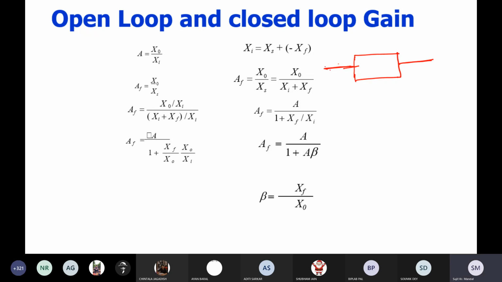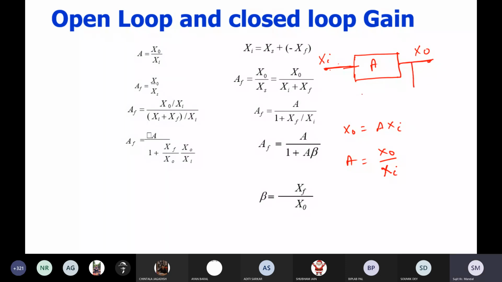Then if you apply a signal, say Xi is the input signal, output signal is X0 and gain is A, then we can simply write X0 equal to A into Xi, or simply A is equal to X0 by Xi. This is simply the input-output relation.